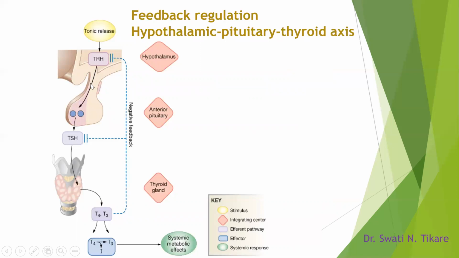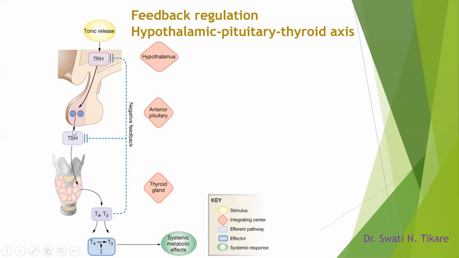It comes via the hypophyseal portal vessels and reaches the anterior pituitary. It acts on the thyrotropes, right? Several different types of cells are there in the anterior pituitary. It acts on the thyrotropes to release the hormone TSH, thyroid stimulating hormone or thyrotropin.